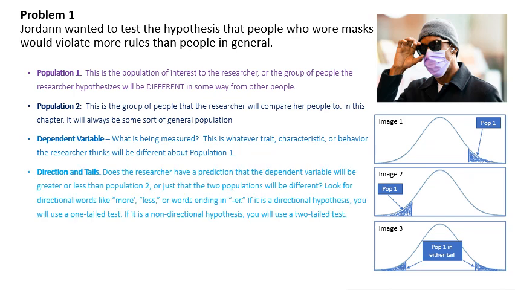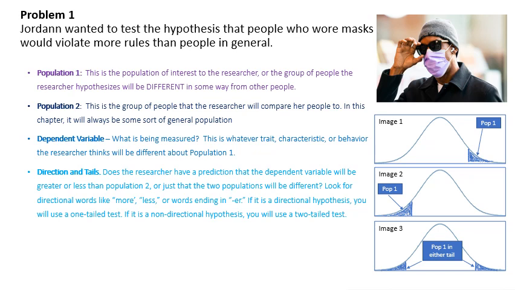Next, we'll be describing directionality, or the direction and the tails of the hypothesis. So does the researcher have a prediction that the dependent variable will be greater or less than population 2, or just that population 1 will be different in some way from population 2? Look for directional words like more, less, or words ending in ER like greater, lower, something like that.